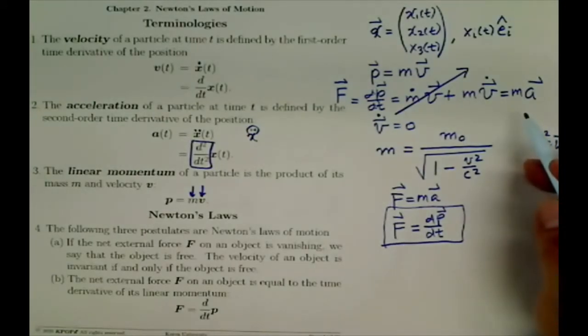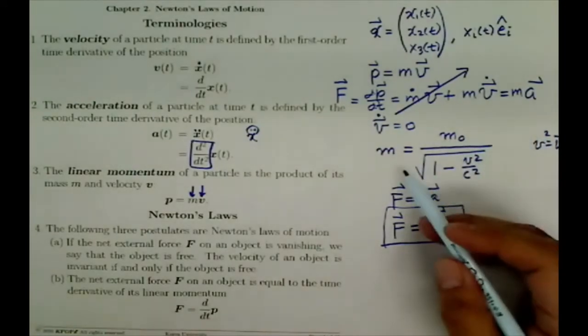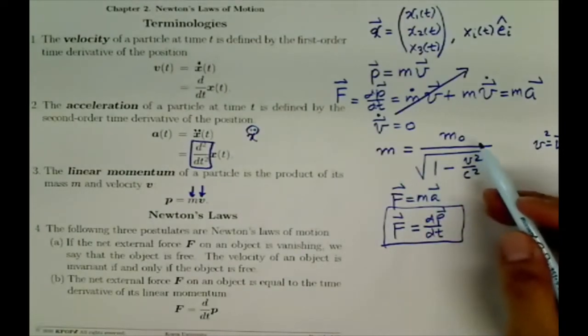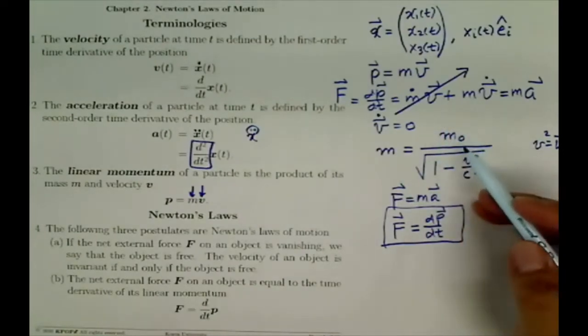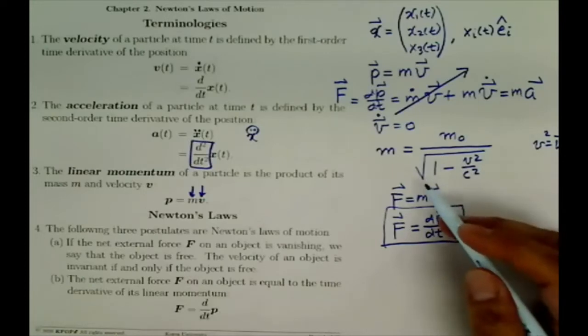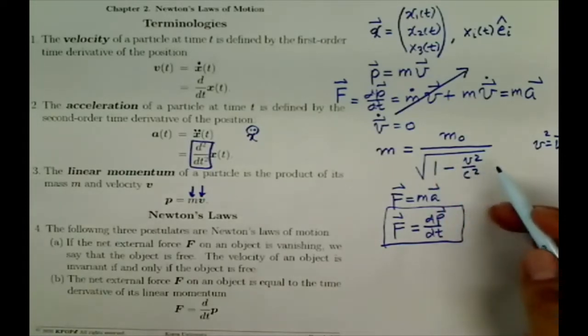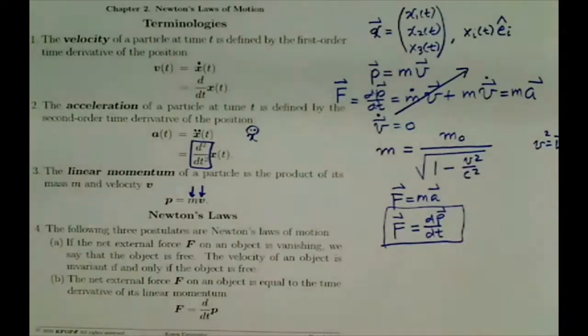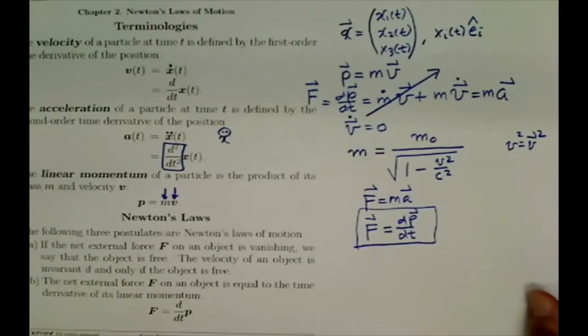However, in relativity, the mass of a particle is in general expressed as the rest mass m0 divided by the square root of 1 minus v squared over c squared, where v squared is the velocity of the particle squared, and c is the speed of light.